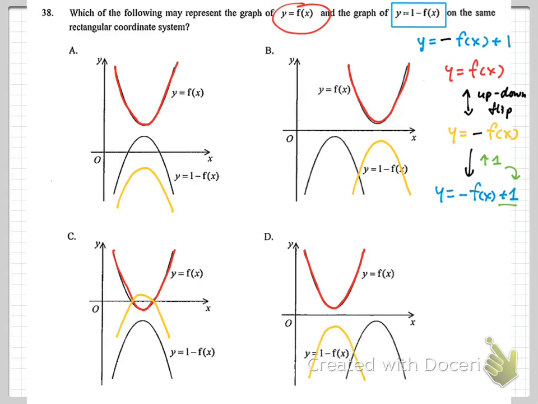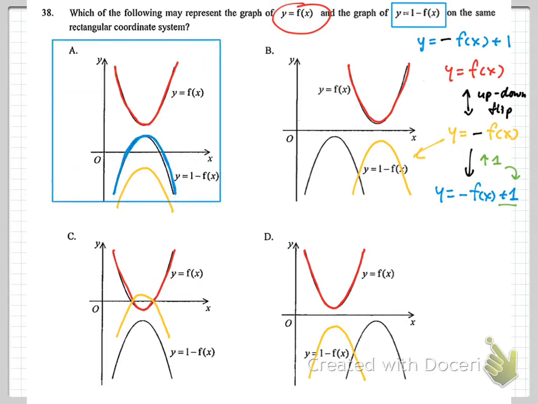So the yellow one will be y is minus f(x), and then you move the yellow one upwards by 1 unit so that you have the blue one. So the answer to this one should be A: you do an up-down flip and then you move up by 1 unit.